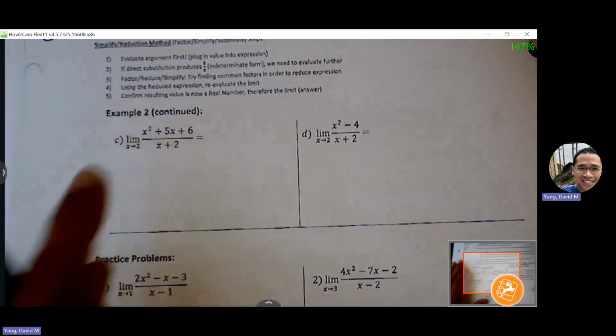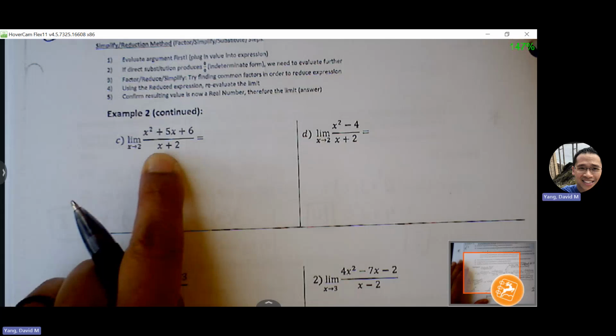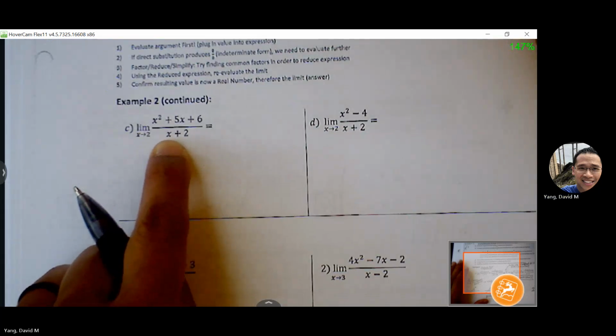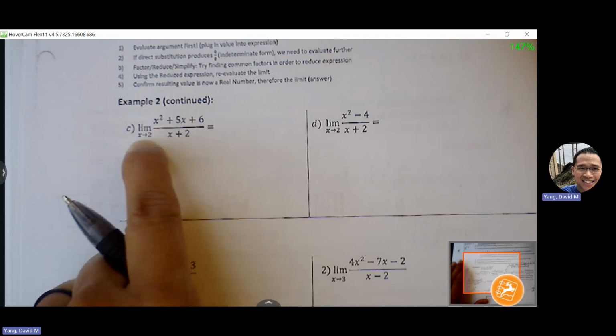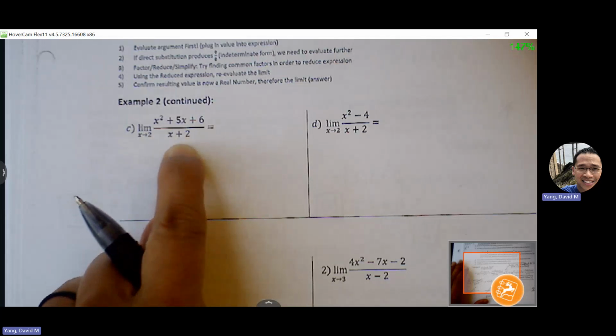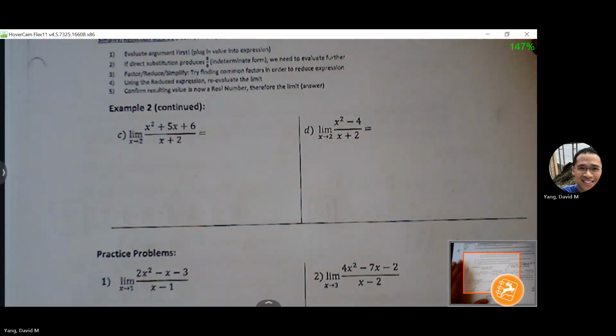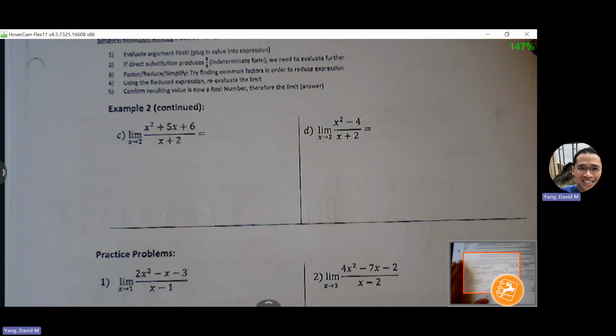Okay, part C. We have an expression approaching a real number, x approaching 2. First steps first. Direct substitution. Replace every x with 2.